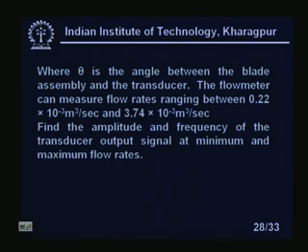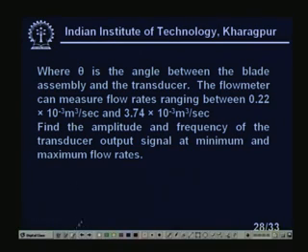So this is our question number 2 on the turbine flow meter. Let us look at the solution, right. Let us take a white page. So this is problem number 16.2, right.